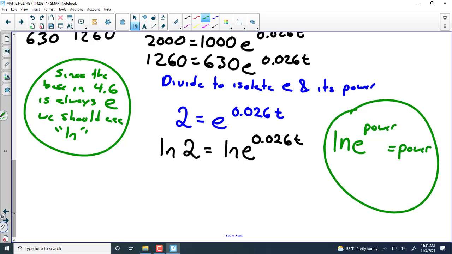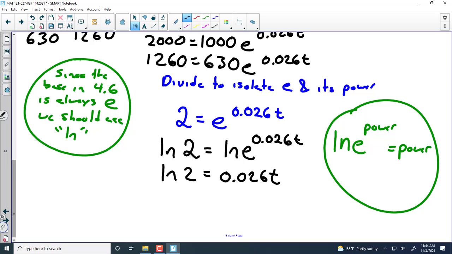And if you ever take ln of e to a power, because you have a base match, it simplifies to that power. So the right-hand side of that equation will simplify to what? Yes, it will simplify to 0.026t.